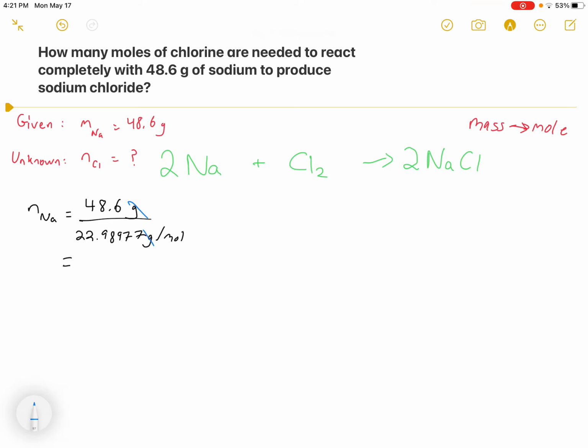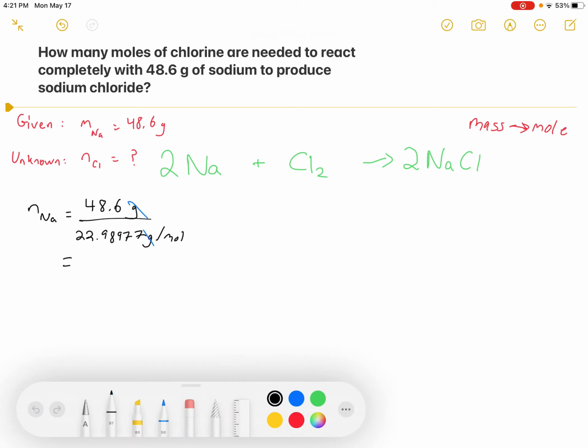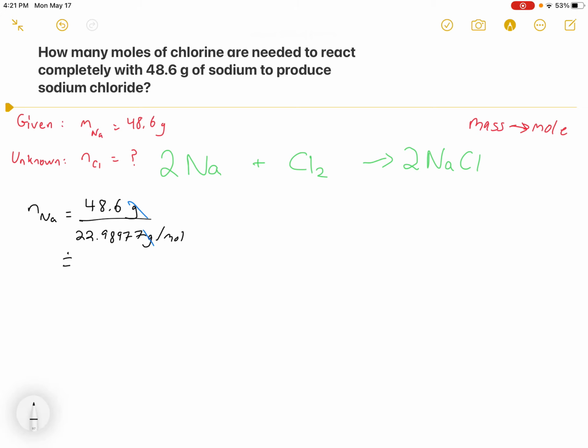We know that those units of grams are going to cancel out, leaving us with just a value of around 2.11 moles of sodium. Alright, so that's really good. We've determined how many moles of sodium are entering this reaction.